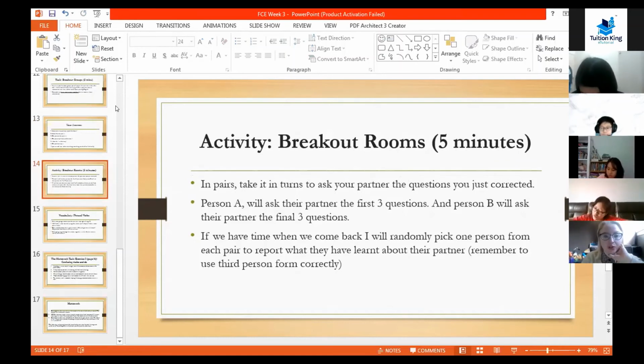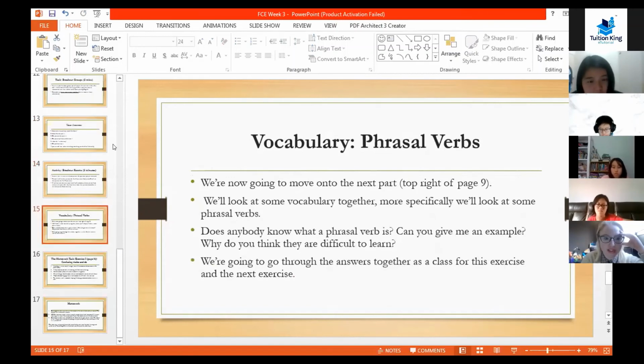So if you have time to talk with people in your family just using do and the present tense, then please do that. And so we're going to move on instead to phrasal verbs, and this is what we'll be concentrating on for the next 5 or so minutes.